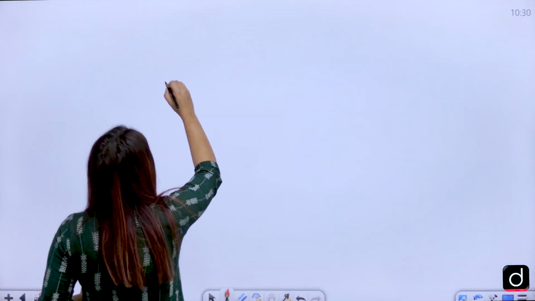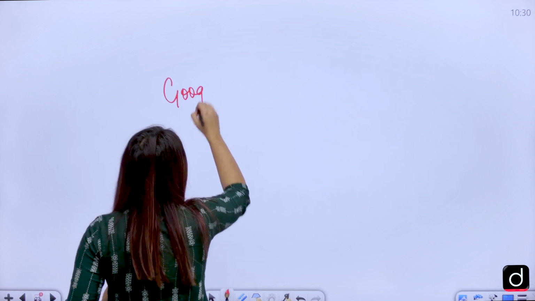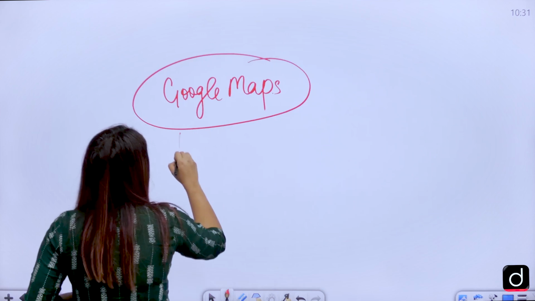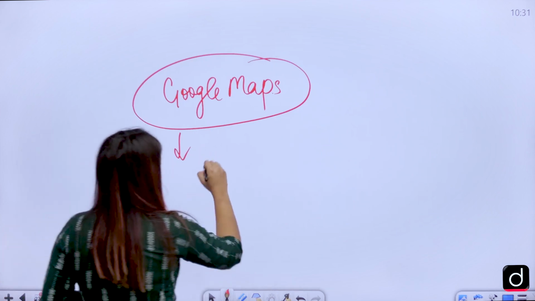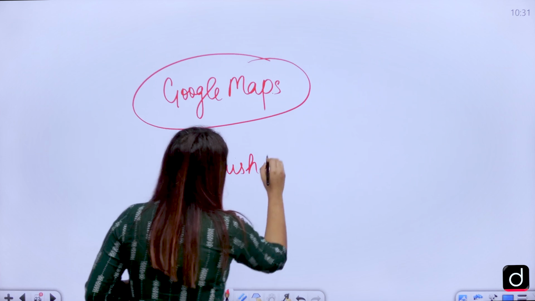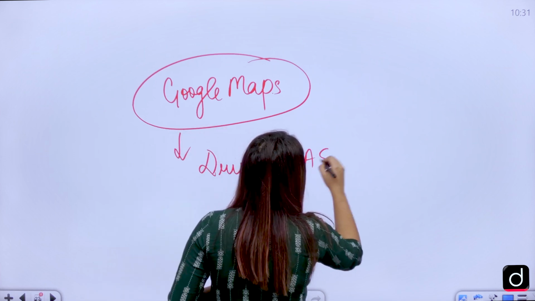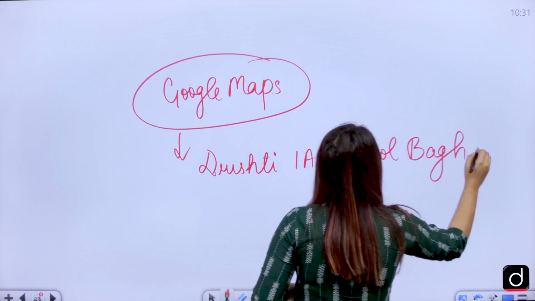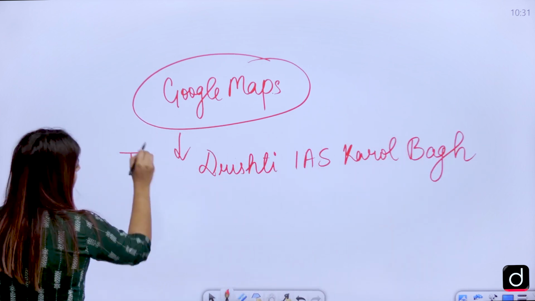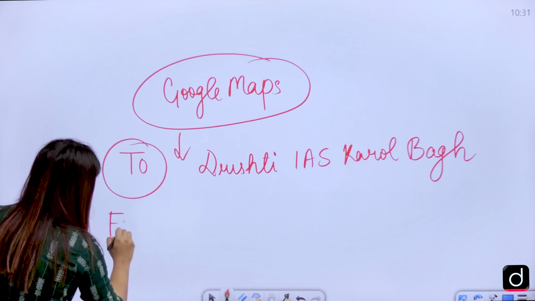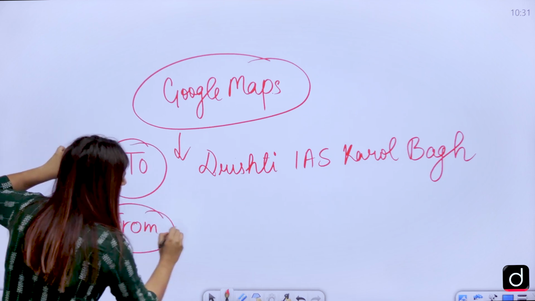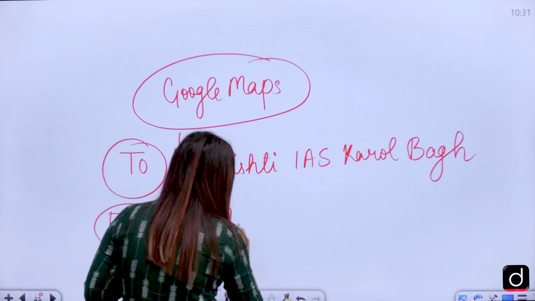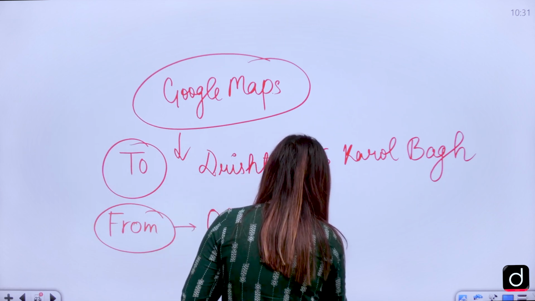Now, if in the Google Maps you write that I want to reach Drishti IAS, Karol Bagh, right? That will be the to field, and this is not the email that I'm talking about. This is the Google Maps service that I'm talking about. And from where? Old Rajendra Nagar.